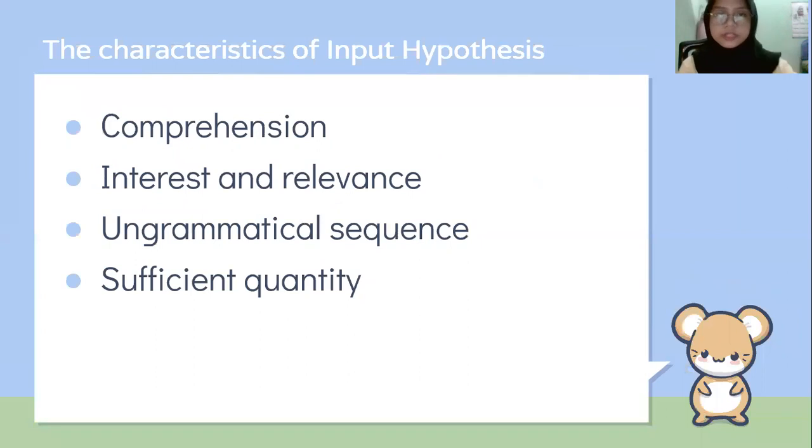And here are the characteristics of input hypothesis. First, we have comprehension. As I have stated before, comprehension is very important in input hypothesis. The necessary condition of language acquisition is to understand the code of language. And as you may already know, every language has its own code.